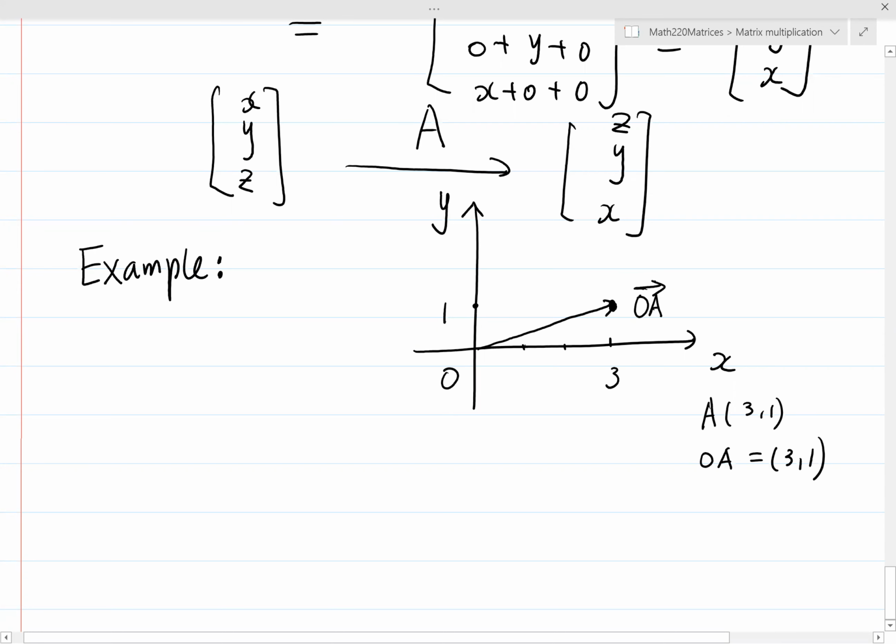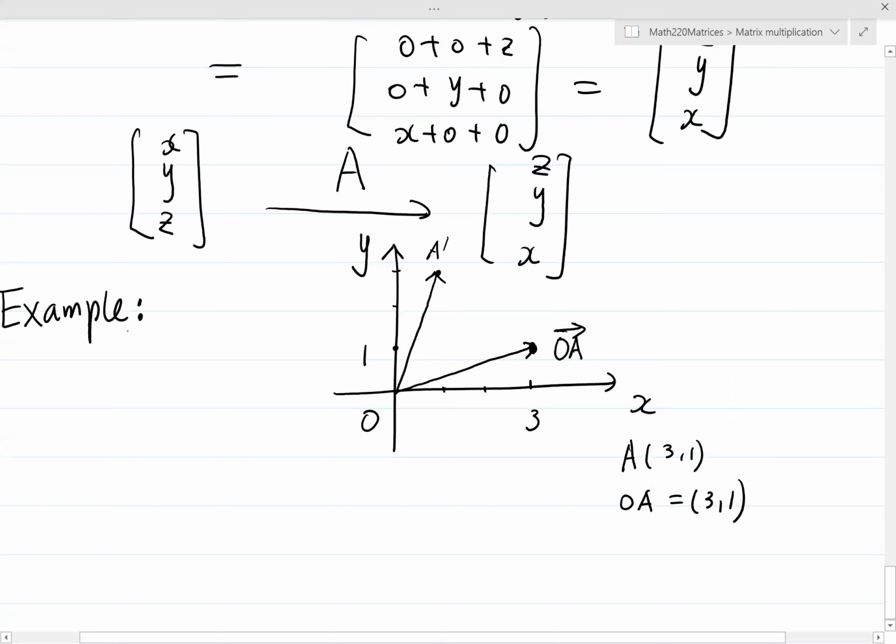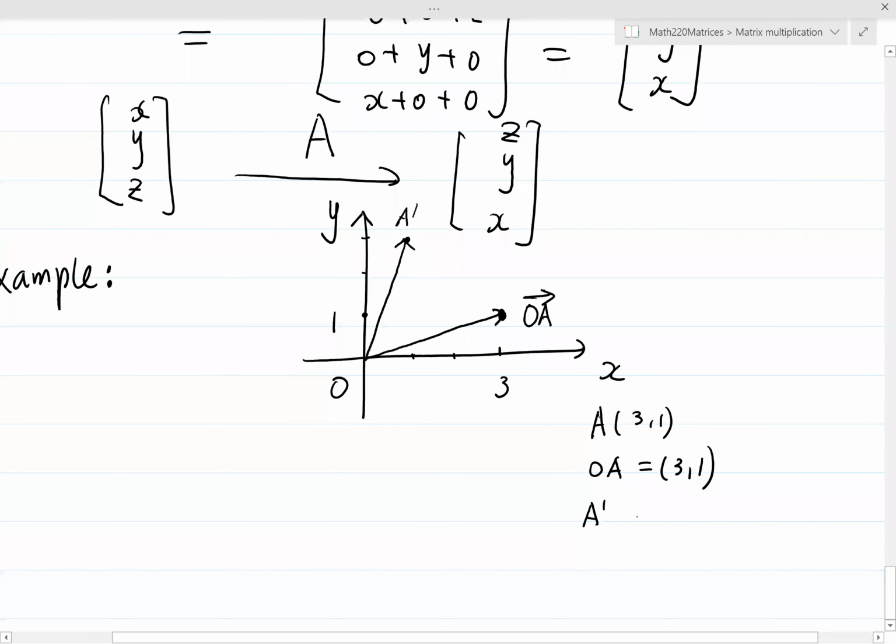Now we have another point, A prime. A prime is 1, 3.